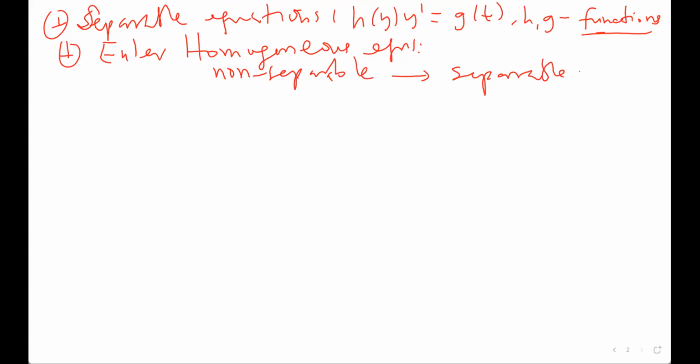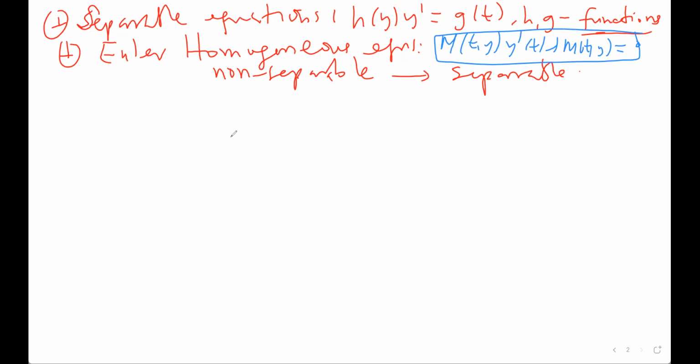This is what the Euler homogeneous equation does. So if you have a differential equation, you can try to make it separable. And we said it was like N of t, y times y prime of t plus M of t, y is equal to 0. You use such an idea to solve your problem.